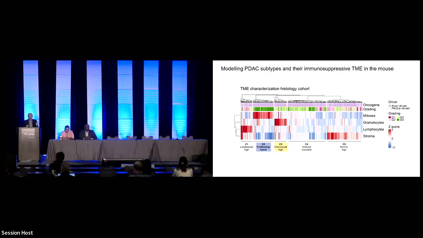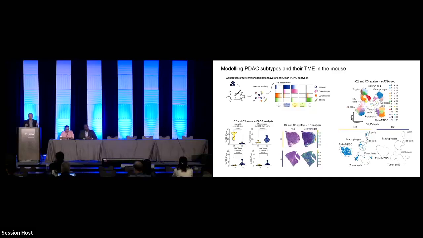And now we try to use our cell culture resource to model these different subtypes, and that worked quite nicely. So we can now implant these tumor cells into the mouse and thereby reproducibly generate specific TME states and subtypes. An example is shown here for the C2 and C3 subtype, single-cell RNA-seq data.